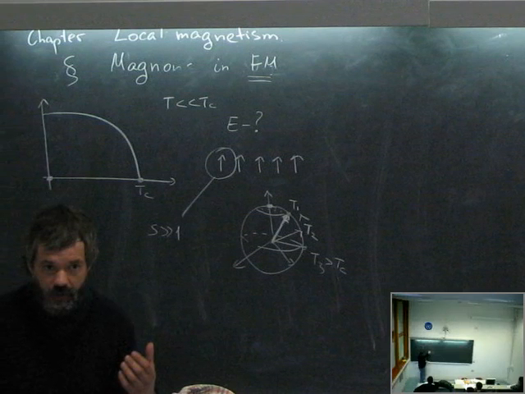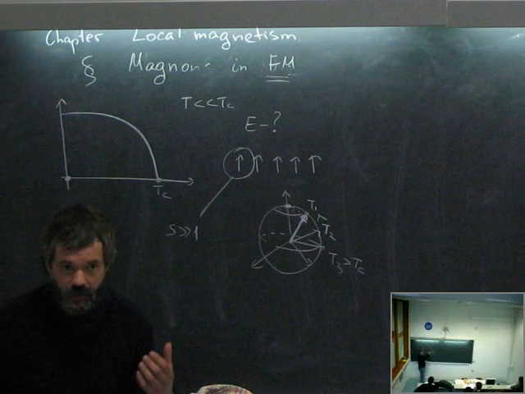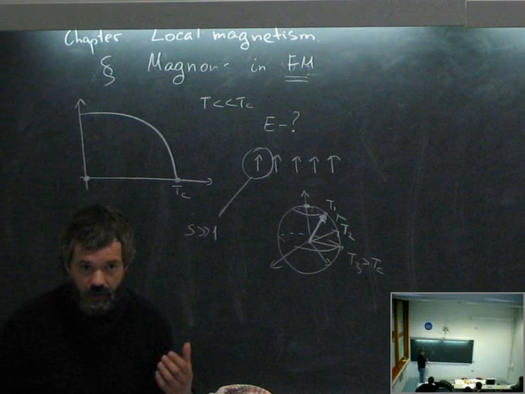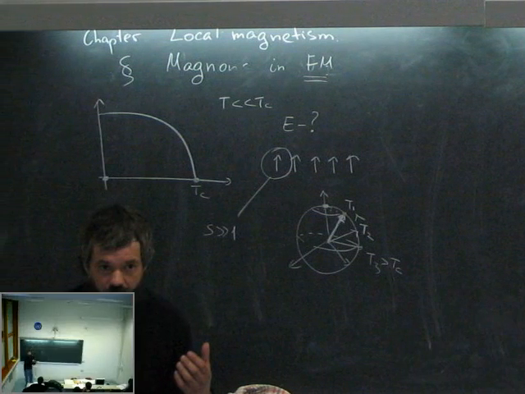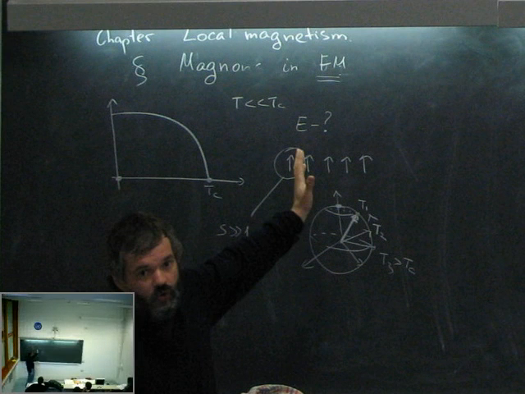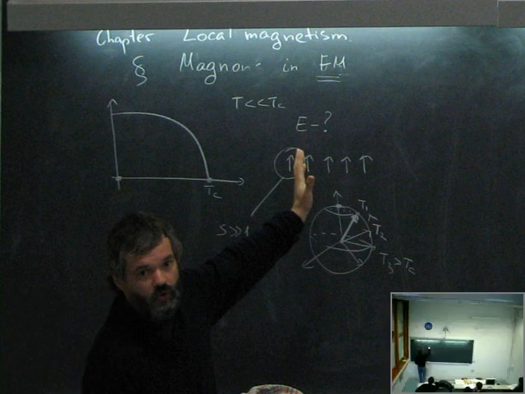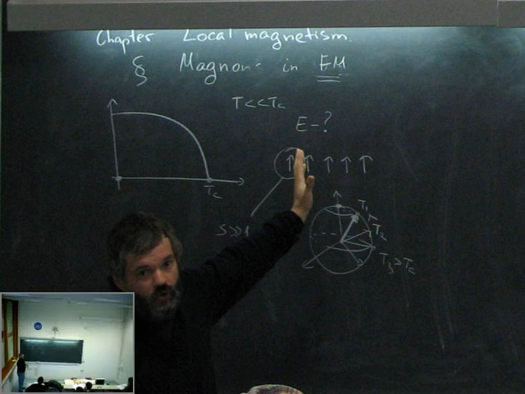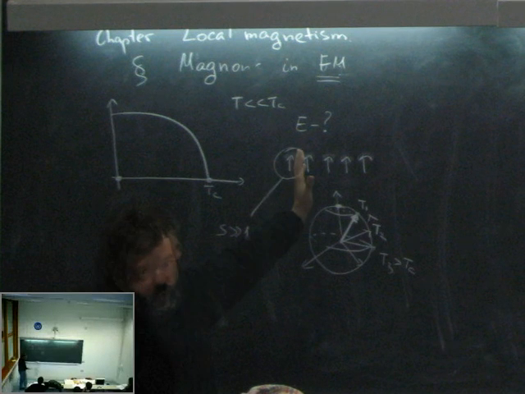But you see that each of these spins can rotate coherently. Therefore, there might be some propagation of a wave associated with coherent rotation of a whole block of spins. So this one is rotating, this one is rotating, this one is rotating. And what we are going to calculate is the dispersion relation for these excitations.